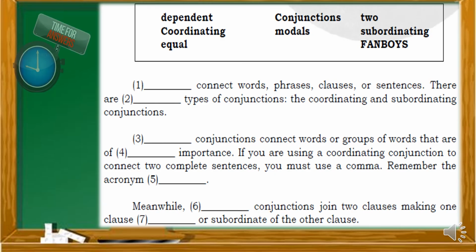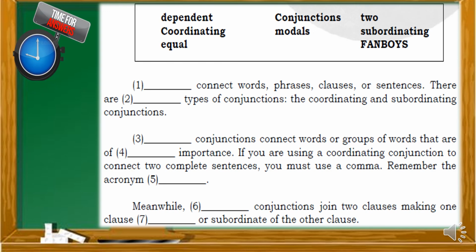Okay, so let us see if you got it correct. So it's time for your answers. So for this, the first one, we have conjunctions. Conjunction connect words, phrases, clauses, or sentences. And there are two types of conjunctions, the coordinating conjunctions and the subordinating conjunctions.